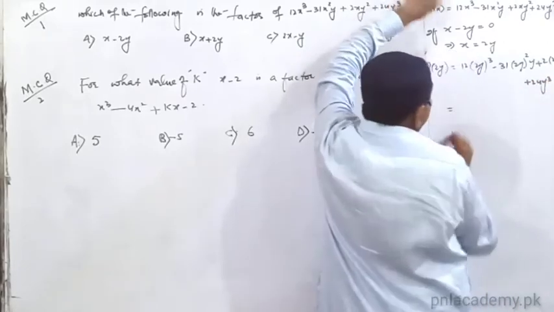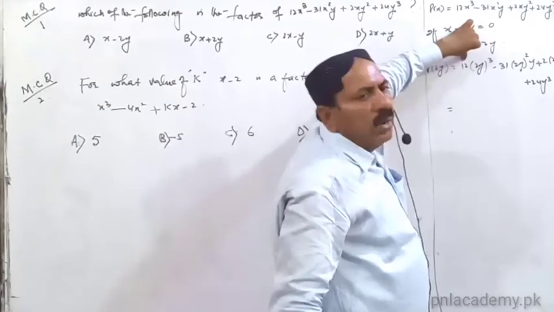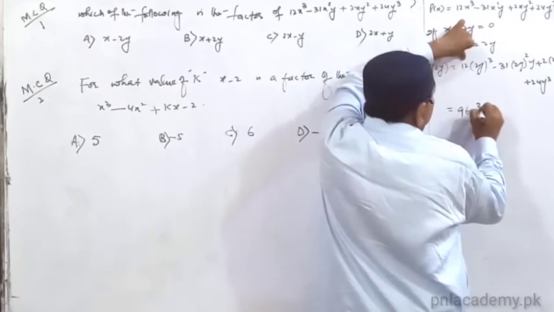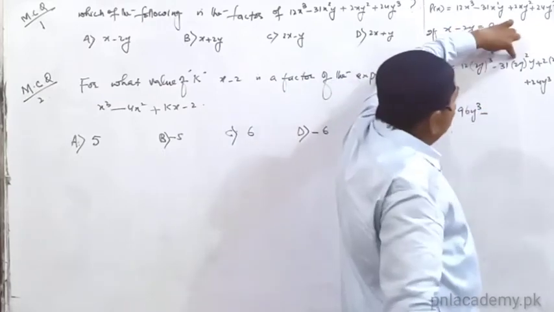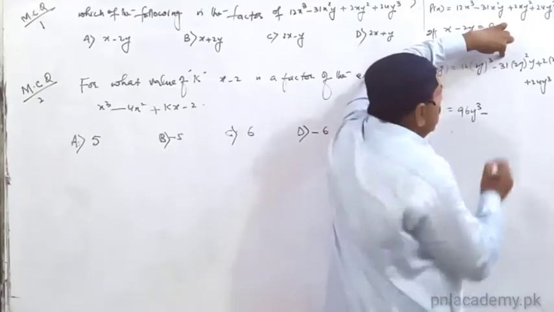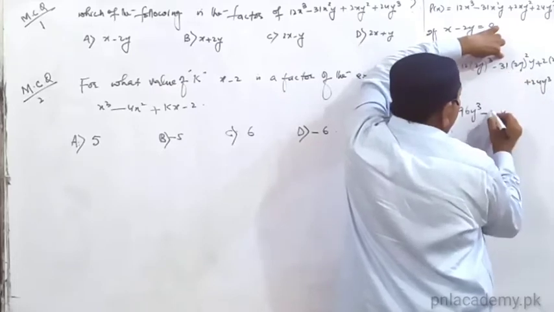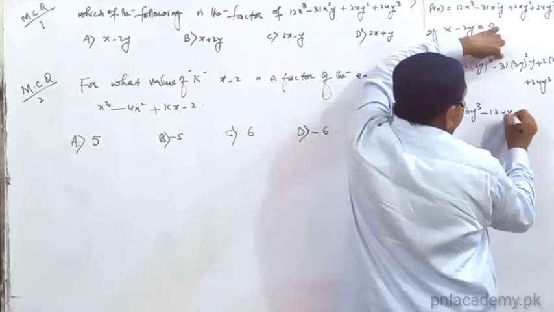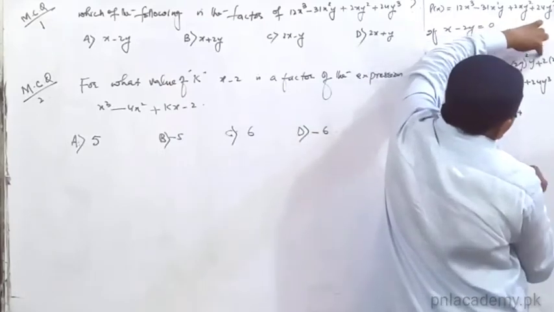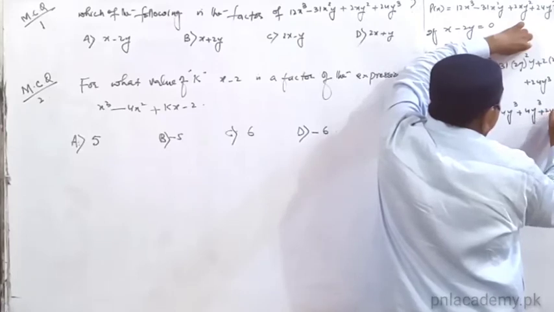After calculation, 2 cube means 8, 8 into 12 is 96y cube, minus 2 square means 4, 4 into 31, plus 2 into 2, which is 4y cube, plus 24y cube.